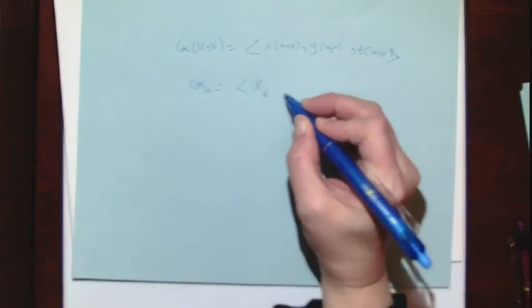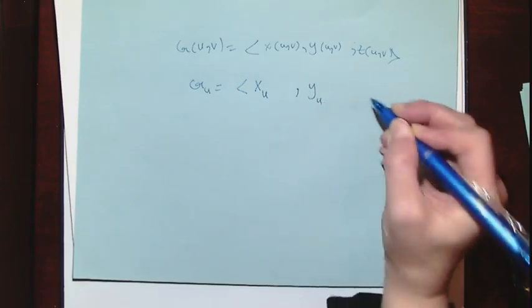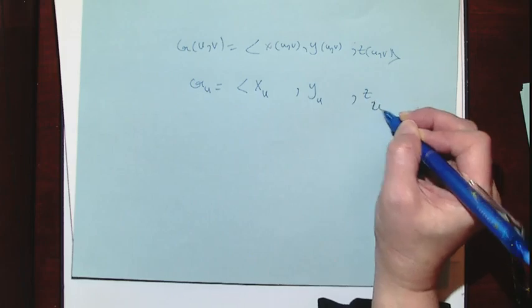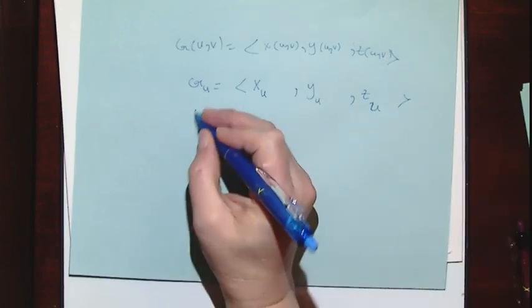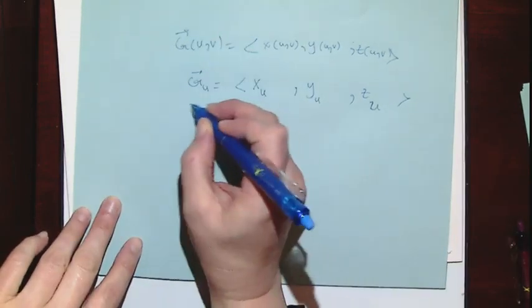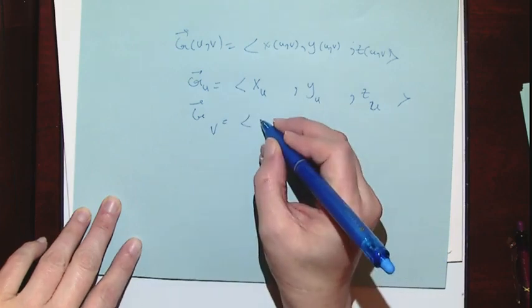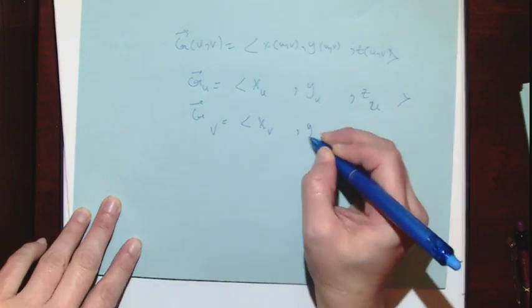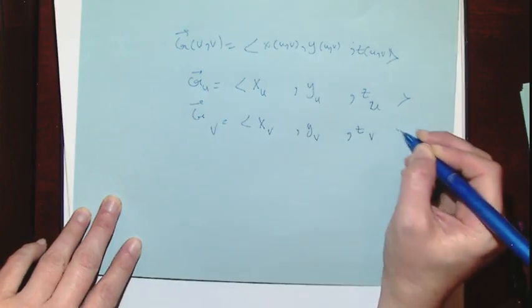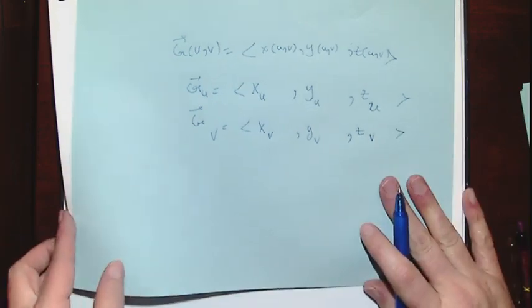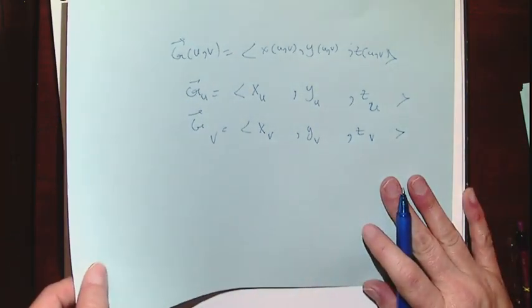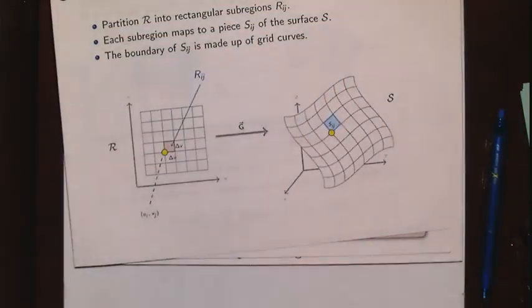Partial of X with respect to U, partial of Y with respect to U, partial of Z with respect to U. Agreed? And when I see G sub V, I mean partial of X with respect to V, Y with respect to V and Z with respect to V. Any ambiguity at this point? Are we good? Example time?